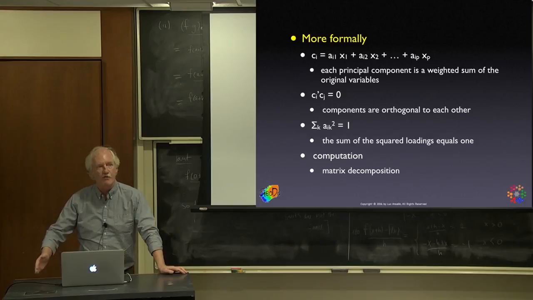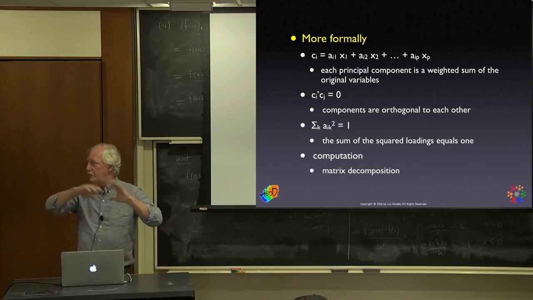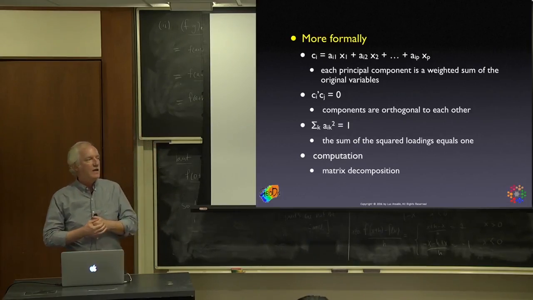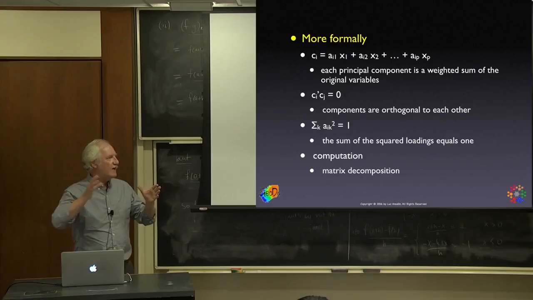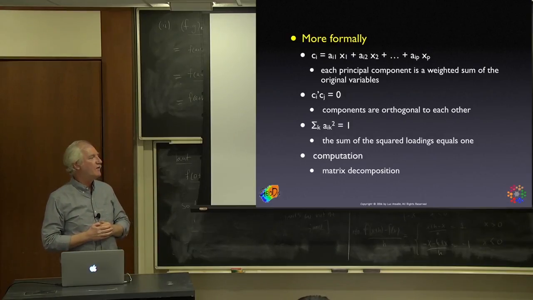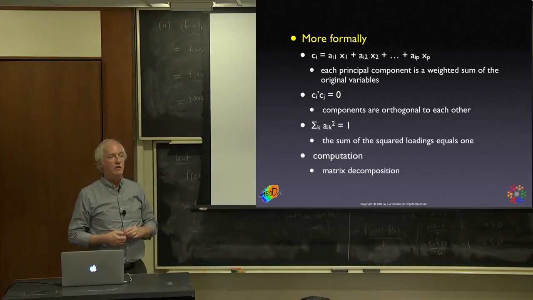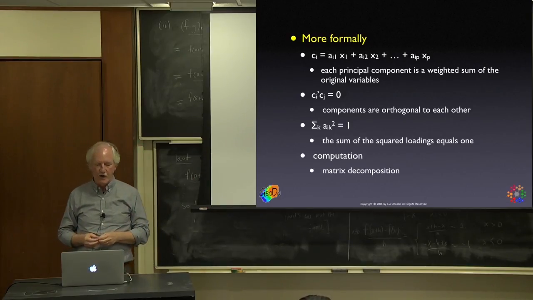We have 12 of these. That's too much. We'll reduce them to, in my example, 4. And each of these 4 is a weighted average of the original 12, right? And they're orthogonal, so their cross product is 0. They're uncorrelated. You can think of it that way.